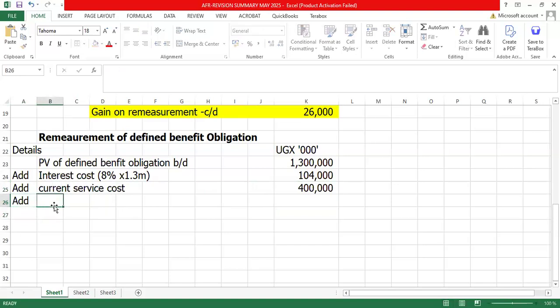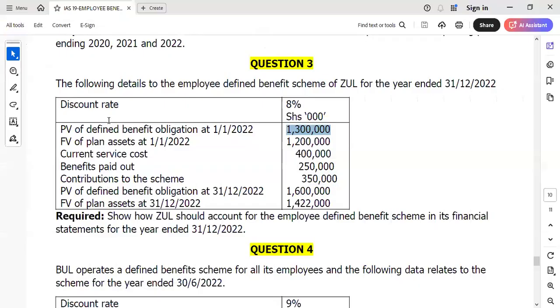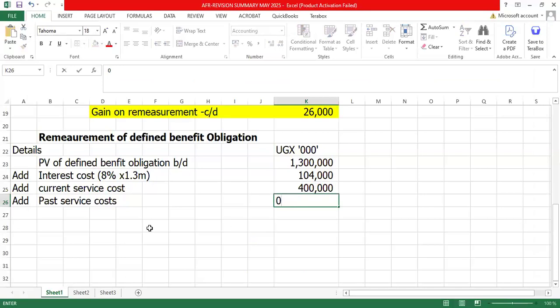Then do we have past costs? Add past service costs. Do we have them in the question? No, we don't have past service costs. If they are there, you must add. So here it's 0.